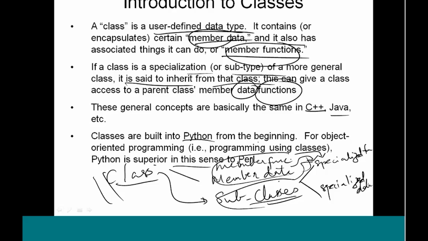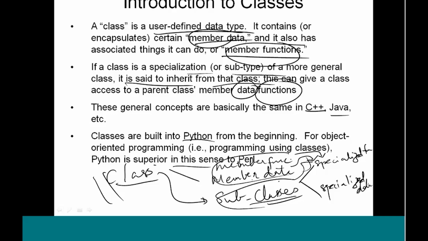The classes are built into Python from the very beginning. We actually used this term class many times before. I hope you remember those things, even though we never talked about object oriented programming itself. Object oriented programming is programming using all these classes and the member functions and member data.